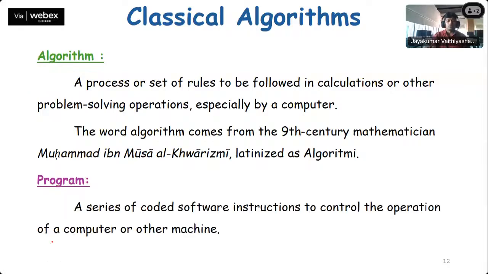Okay. So a program is a series of coded software instructions to control the operation of a computer or other machine. So by writing a program, you are able to control the hardware available in your laptop or system, right? So initially we will write the algorithm. Okay, based upon the algorithm, we are able to convert it into a program or coding.